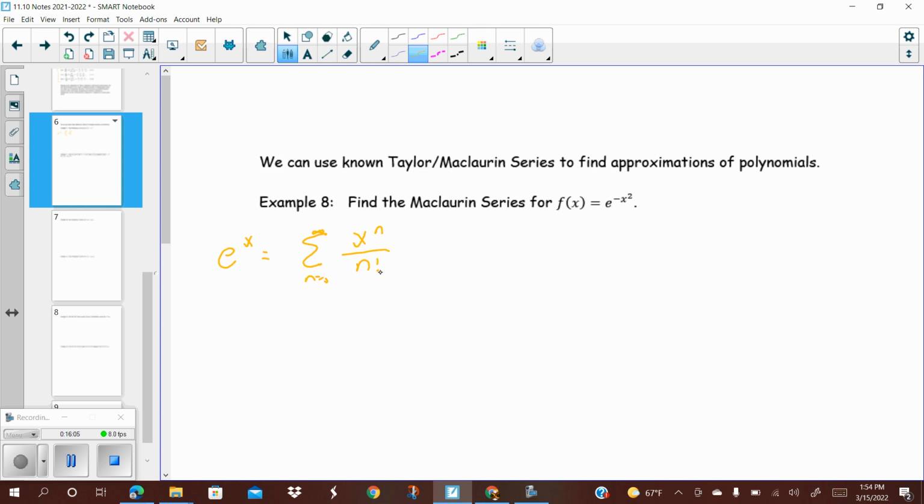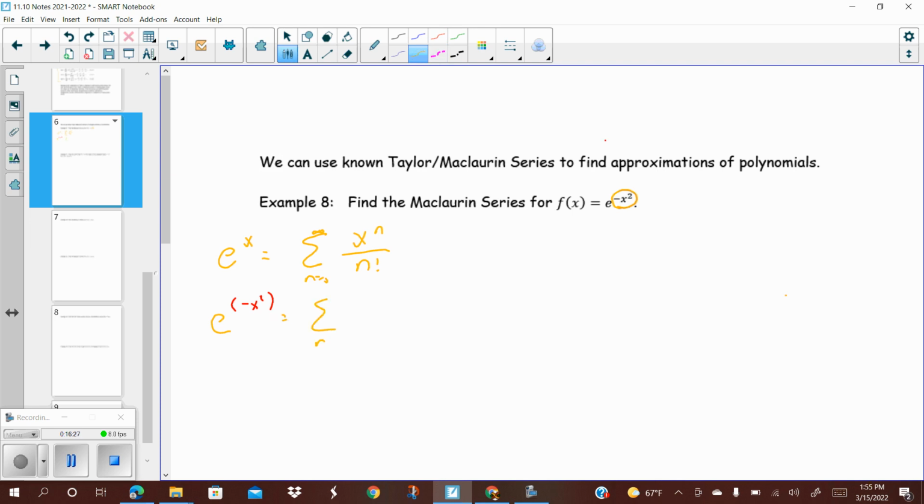What you should notice is what took the place of the x in e to the x is negative x squared. It's basically kind of like your r. It's not really r, but that's kind of what it's like. So down here, we are going to have e to the, and we'll replace x with negative x squared because that's what took its place over there.